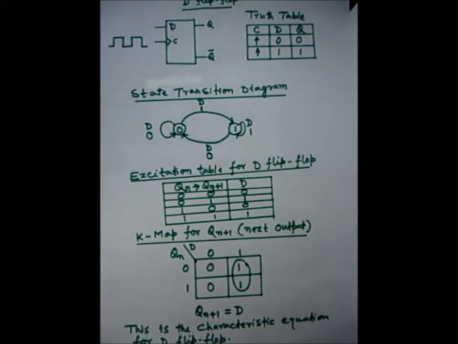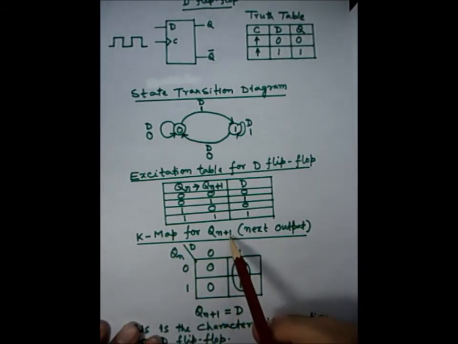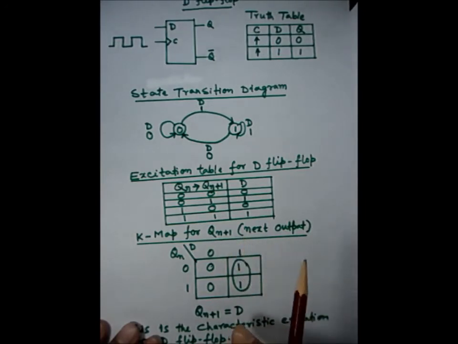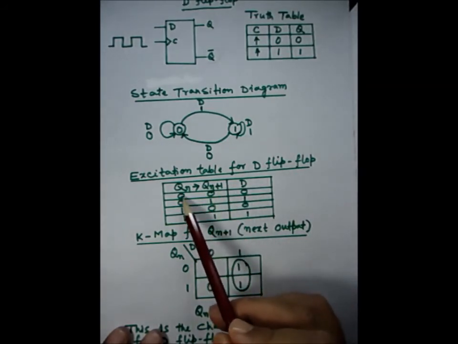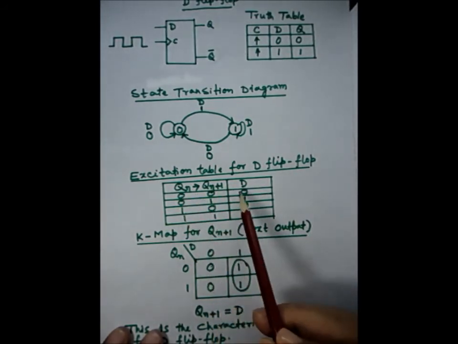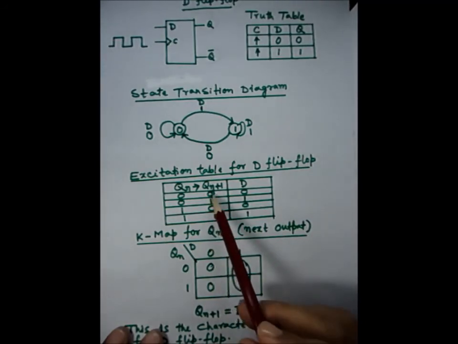Now from the excitation table, we plot the K-map for Q n plus 1, that is the next state, in terms of Q and D. When Q n equal to 0, D equal to 0, this is the block, and Q n plus 1 is also 0.